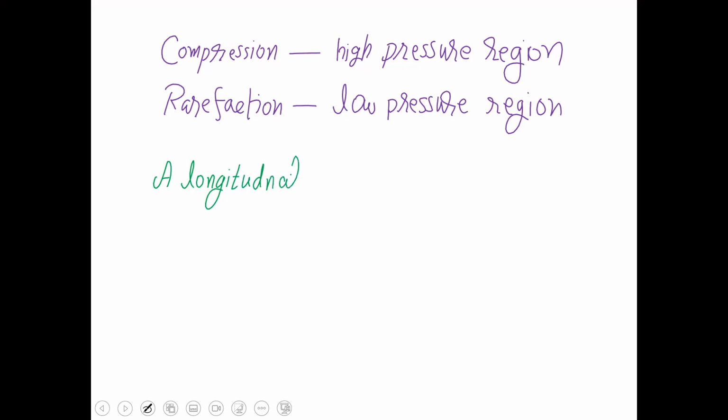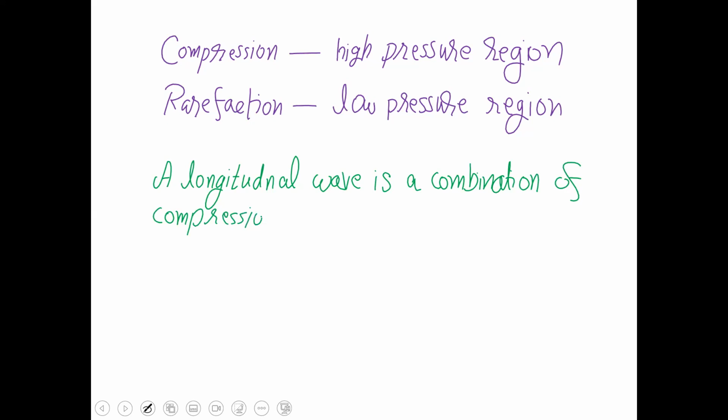The second concept for today would be the idea that a longitudinal wave is a combination of compression and rarefaction.